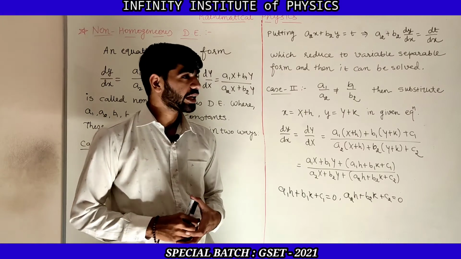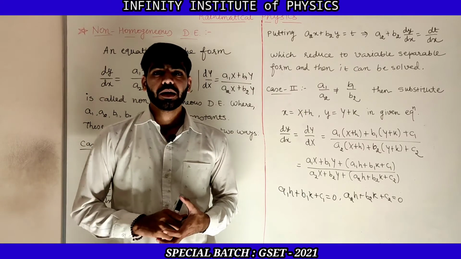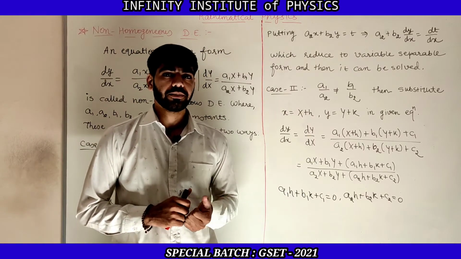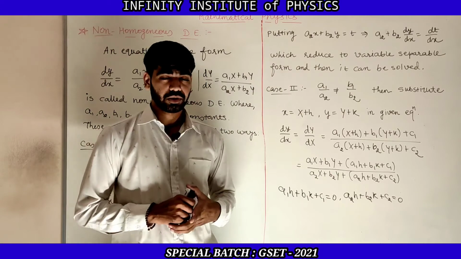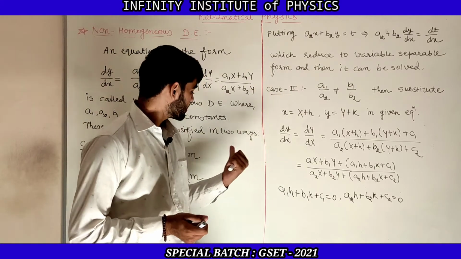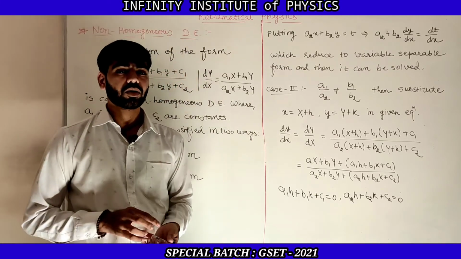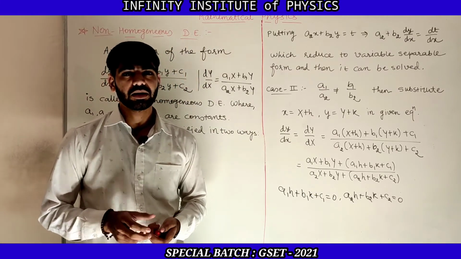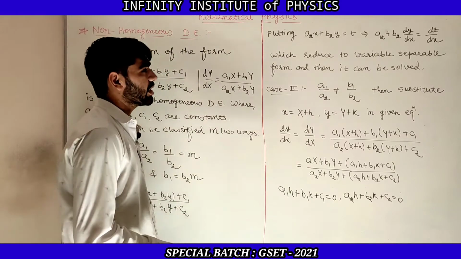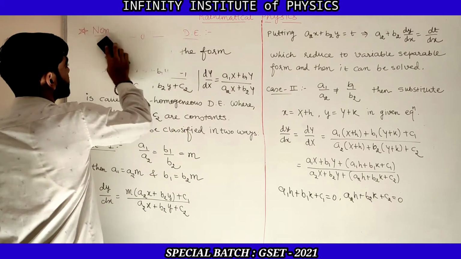It will definitely take you 2 to 3 minutes even if you solve it speedily. But I am just going to solve one example each for case 1 and case 2, because we are not going into so much detail, and I don't think you will get this kind of non-homogeneous question.